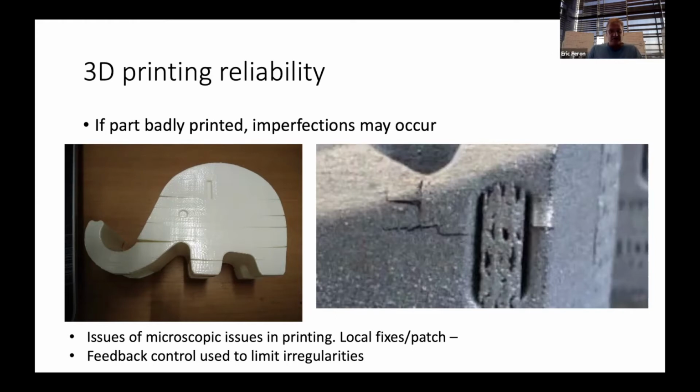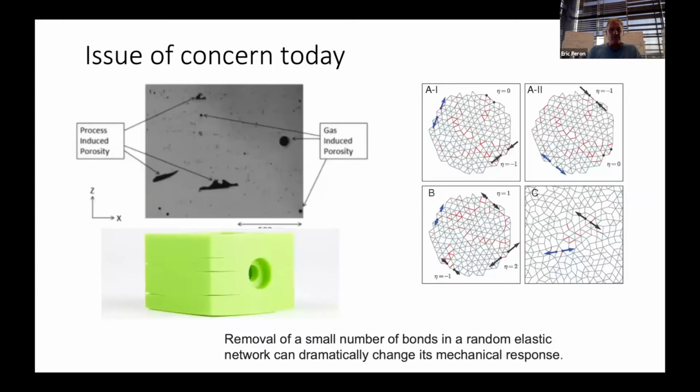In other cases, the same part may just be subject to microscopic porosities, imperfections that, though they may not threaten the integrity of the part, may nevertheless greatly affect its mechanical properties. And in particular, for example, its elastic characteristics.